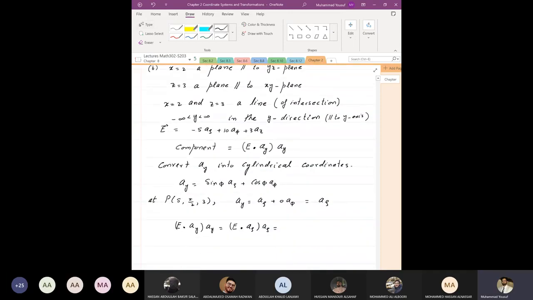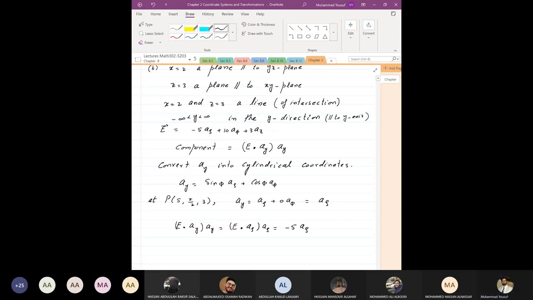So E dot a_rho will be negative 5, and then outside a_rho. So we have this as the vector component of E in the direction of the z equal to 3 and x equal to 2 line, which is a line parallel to the y-axis in the y direction.